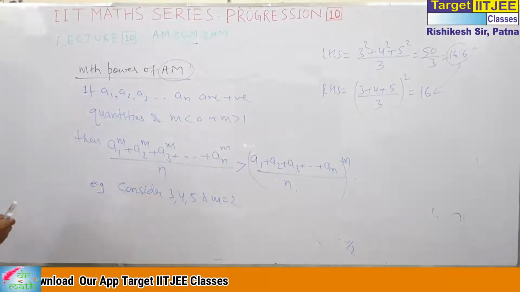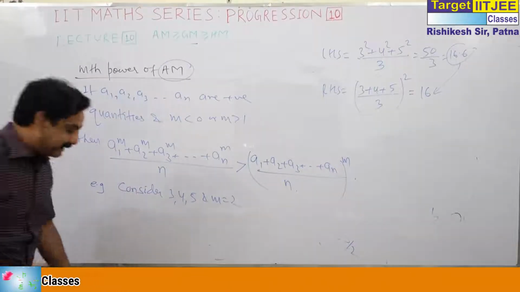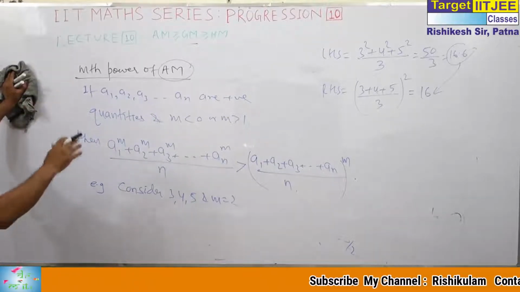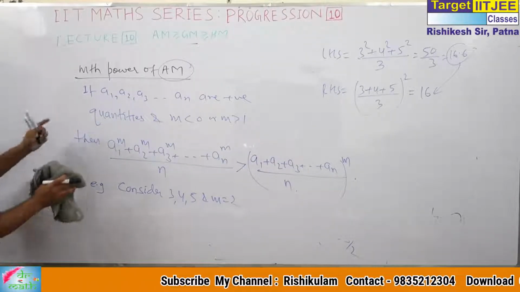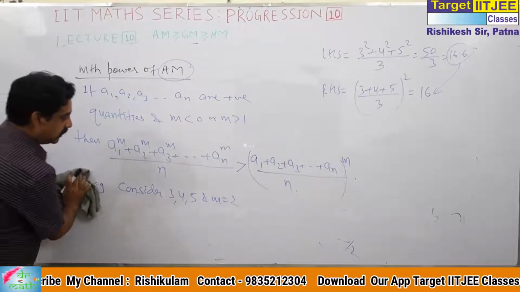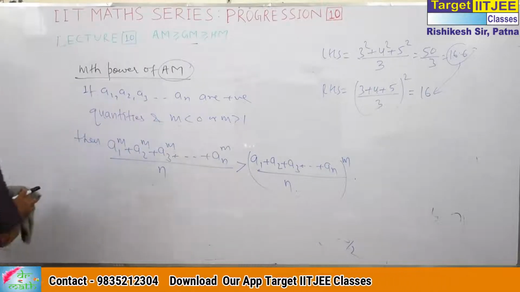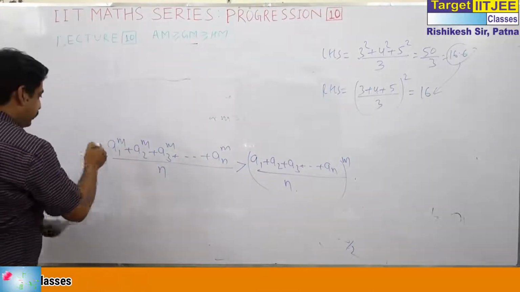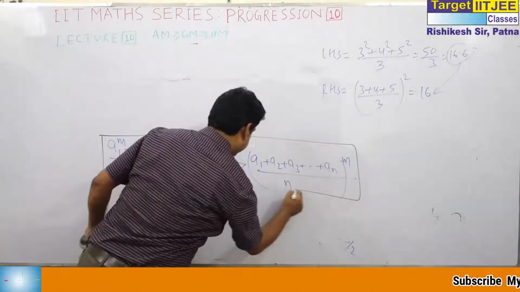There is one very famous question on this, and let me end the class with that question. If you want to write, pause and write. I am just erasing this, not the original result. Actually, I want that result to stay.